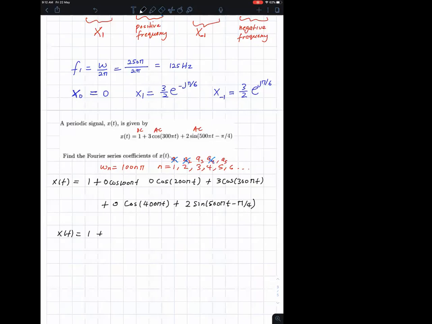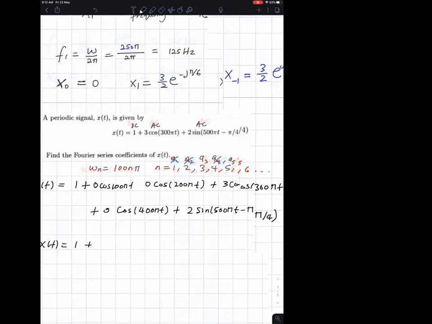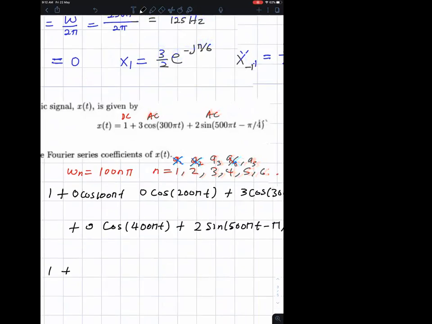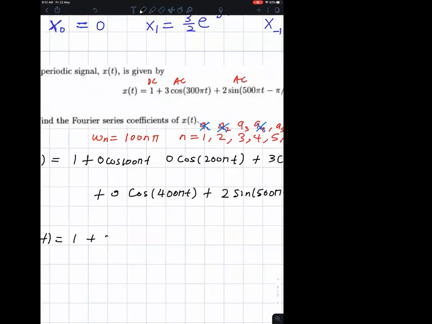So write the exponential form of the equation. 3 cosine 300 pi t becomes 3 e to the j 300 pi t.